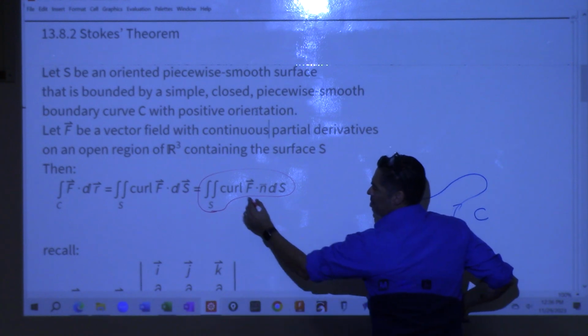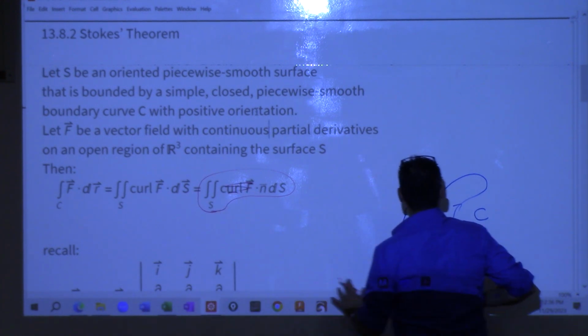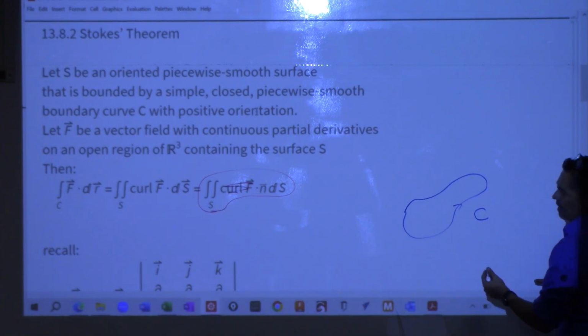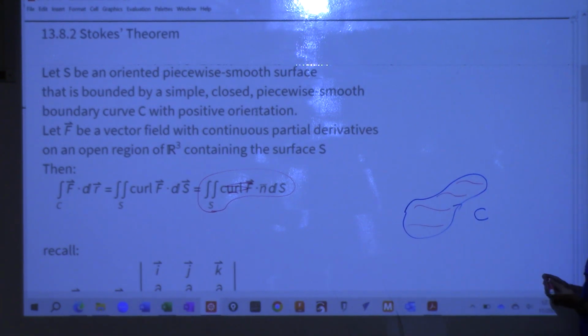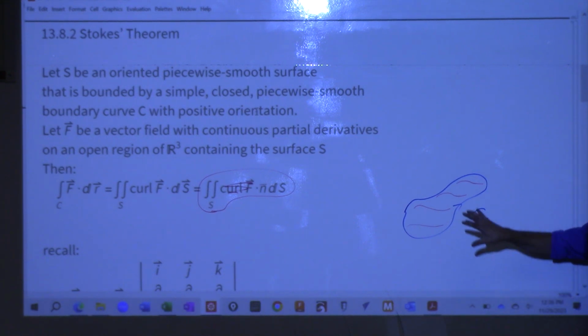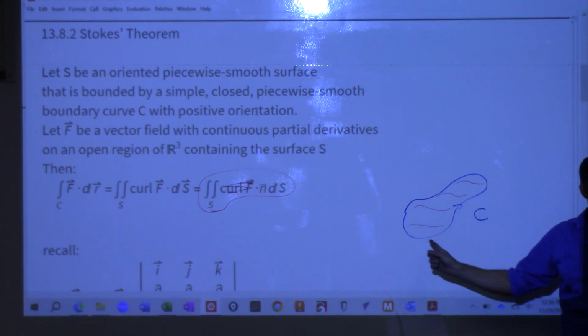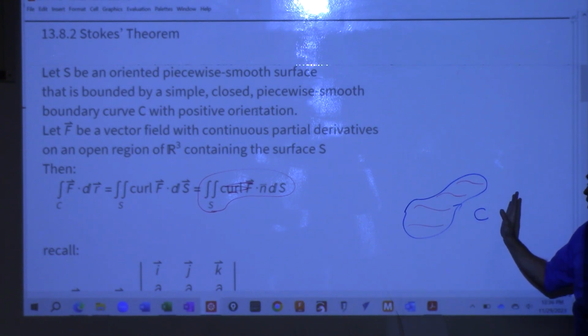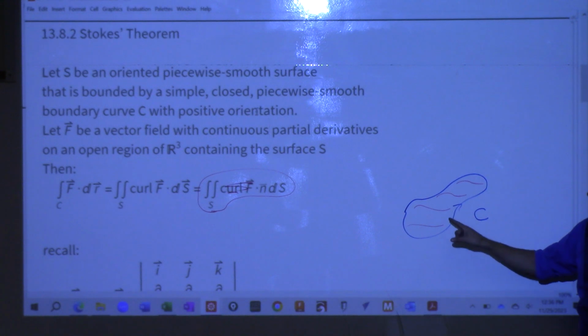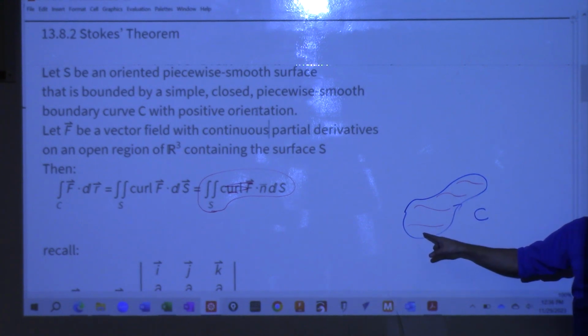Ignore this for now, but you can somehow turn this work integral into a surface integral over the surface that's bounded by that curve. So you wind up doing a surface integral instead of doing the line integral. And this is a crazy idea because it gives you no restrictions on this surface.